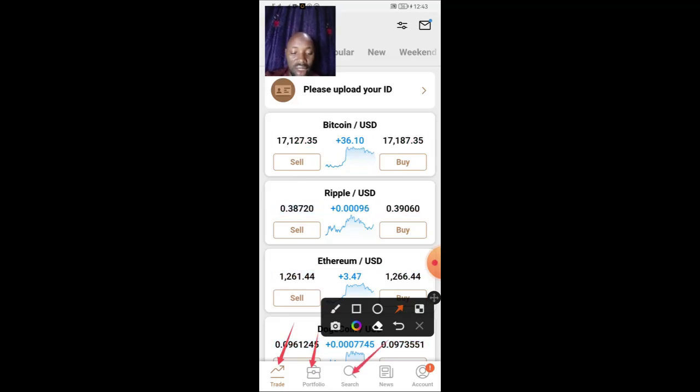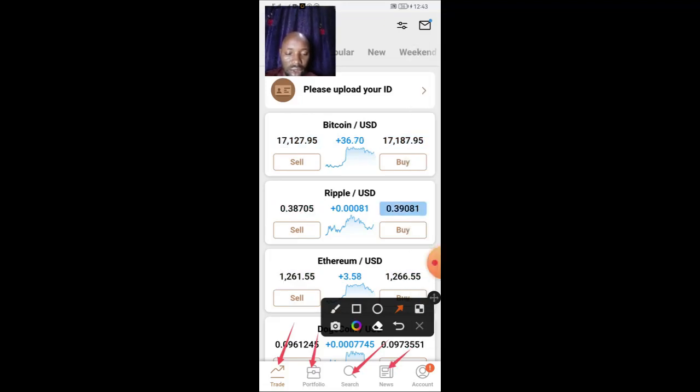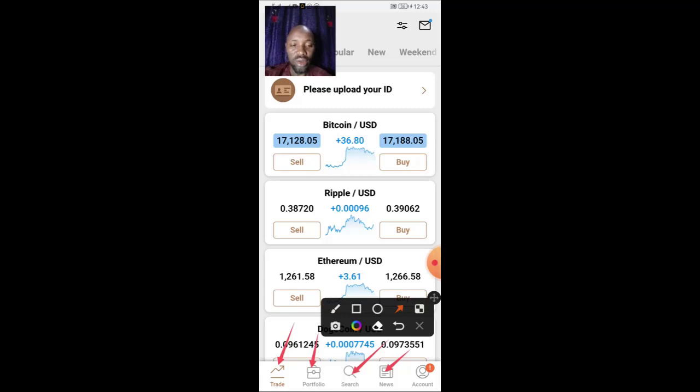Then search, that is if you want to search for a particular digital asset or a particular commodity, you can easily use that button. Then this place helps you to see news, to see update on what is going on in the market, so that you prepare your mind on what to trade and what not to trade.